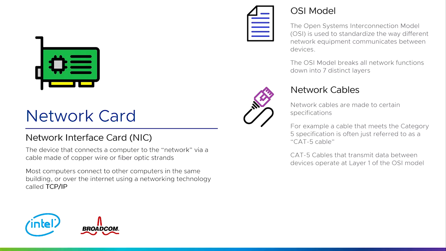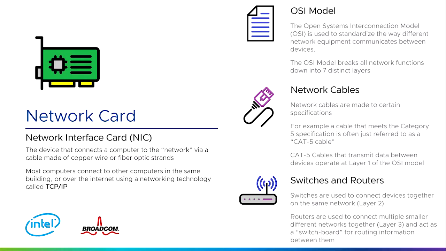A Cat5 cable transmits data between network devices, and we say that a network cable operates at layer 1. Layer 1 is about the cable that connects the network, whether that be made of copper or fiber optic or any other type of cable.